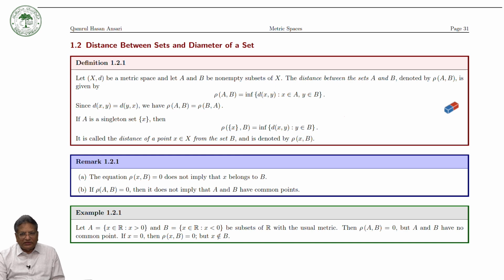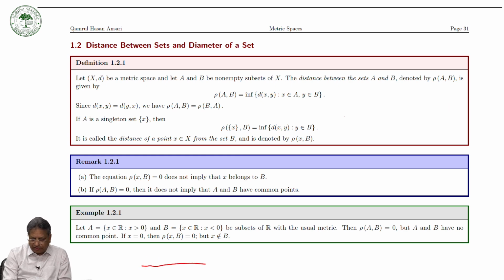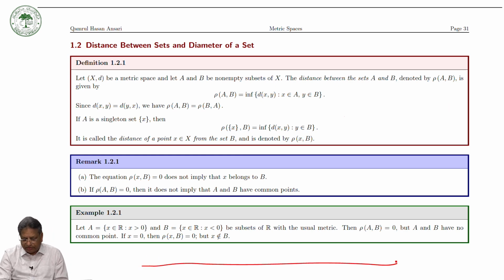Now you can see, for example, suppose we consider the real line. This is my 0. Let us take a set, this set, and another set is this one.